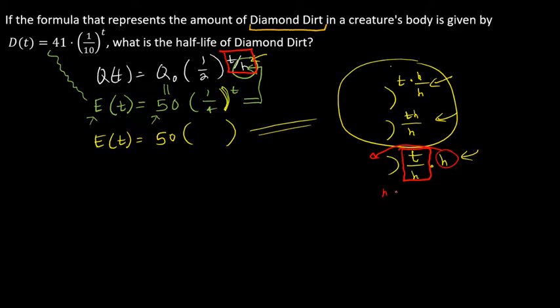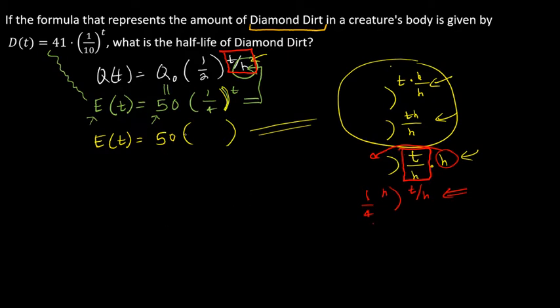So now I've got my h exponent on the inside, and then my t over h exponent on the outside, all right? So that's how I get to this point. Now again, if that explanation didn't make total sense, I would recommend that you practice your exponent rules, but it's also okay if you just remember that this is the step that I take to get h where I need it.